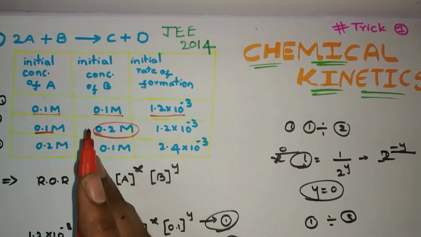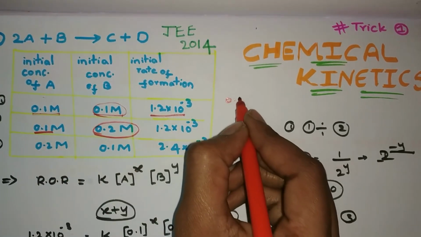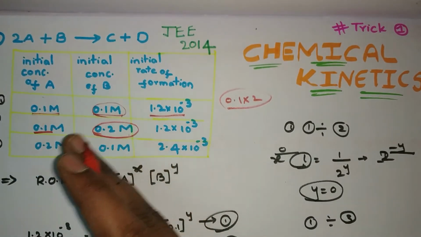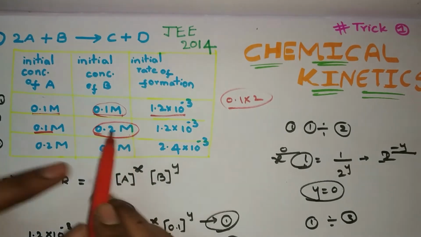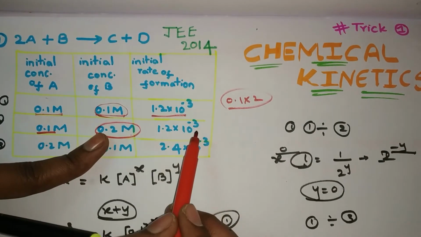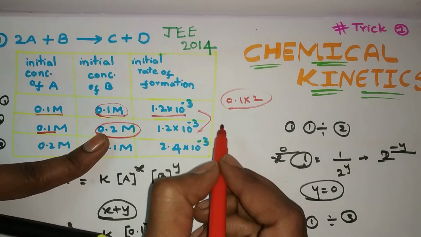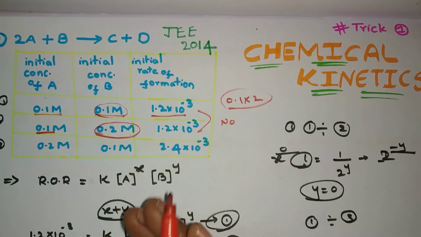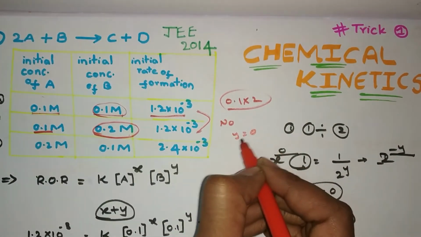B concentration doubled. Here it is 0.1, 0.1 into 2 will be 0.2. It means concentration of B is doubled. If concentration of B is doubled, look at the rate of reaction. Is there any change in the rate of reaction? No. So it means that the order with respect to B will be 0.